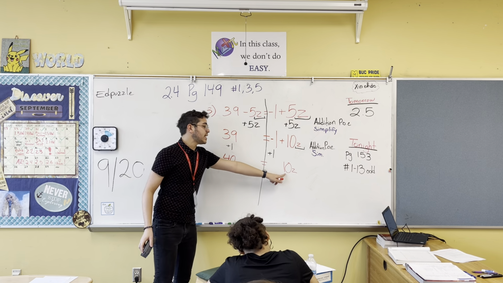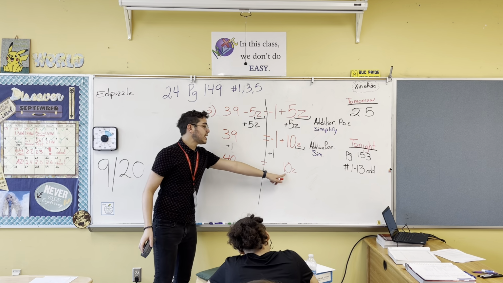Just so we know, 10z is really 10 multiplied by z, but they make the multiplication symbol disappear and just put them side by side. So what's the opposite of multiplying by 10? Dividing by 10. Are we going to do that to just one side or to both? Both. So we have z is equal to 4.